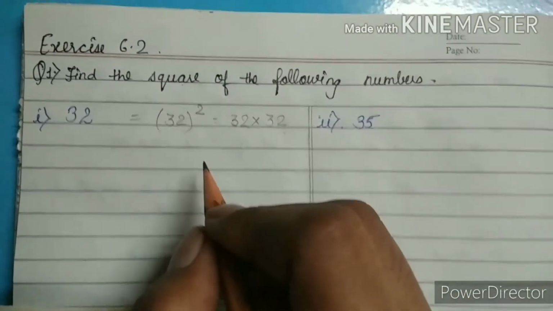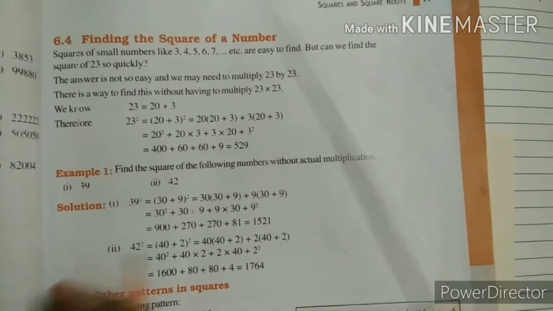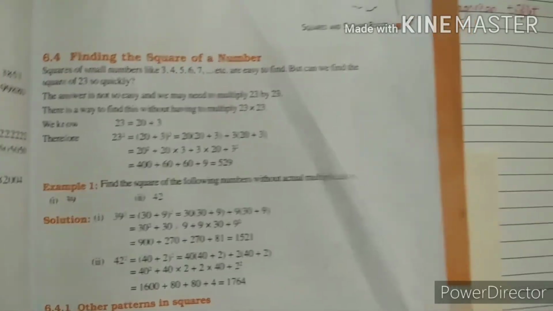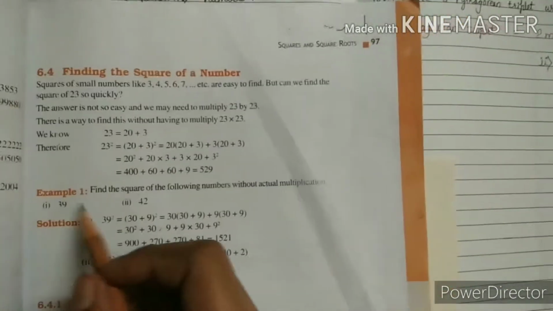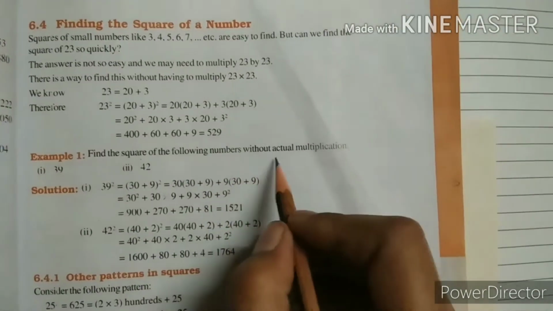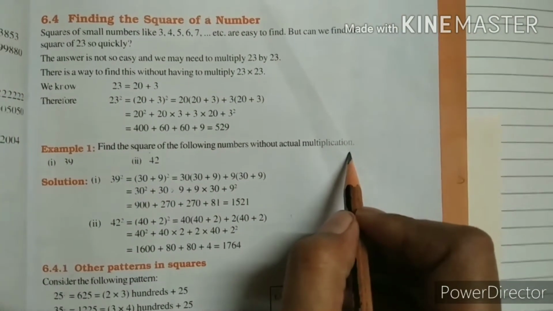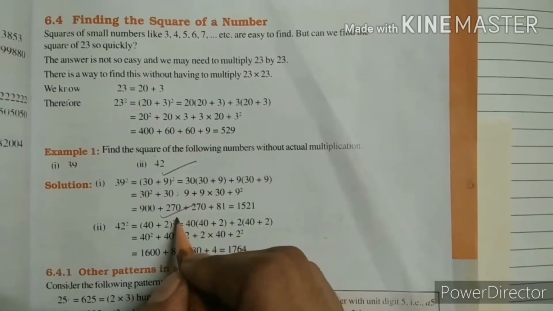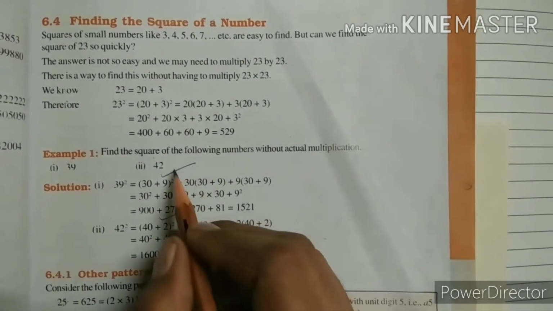We will do it with the help of identities, because before starting exercise 6.2, on the previous page we had examples in the book: find the square of the following numbers without actual multiplication. So they used identities to find the square.